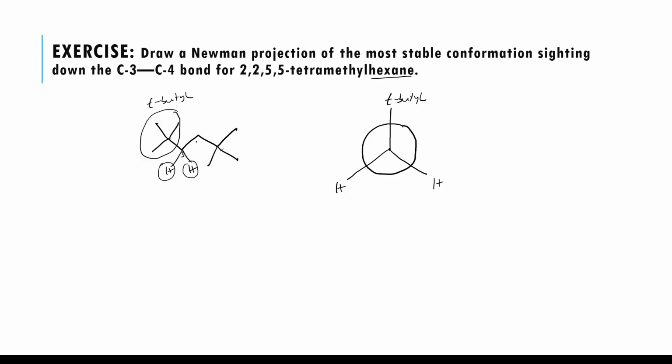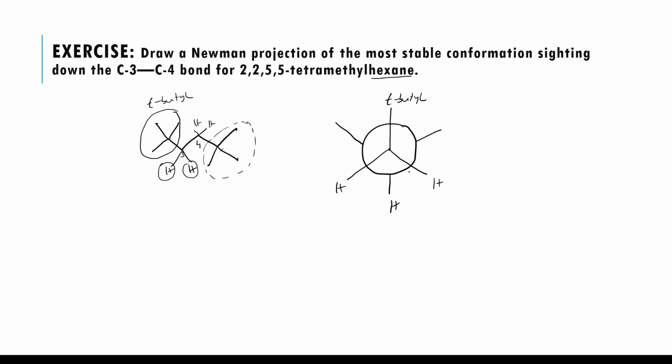Okay, let's come to carbon number 4. It has again 2 hydrogens, and it is connected with again a t-butyl group. We can again write randomly. I'm going to write t-butyl here, hydrogen and hydrogen.